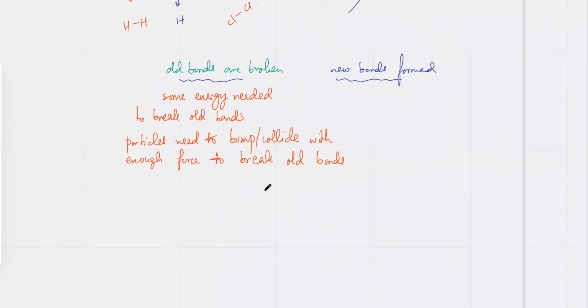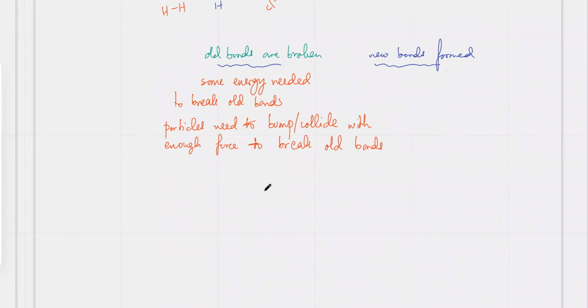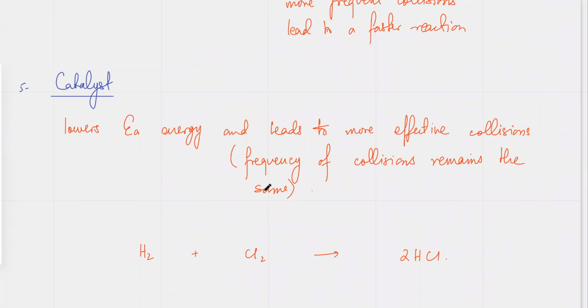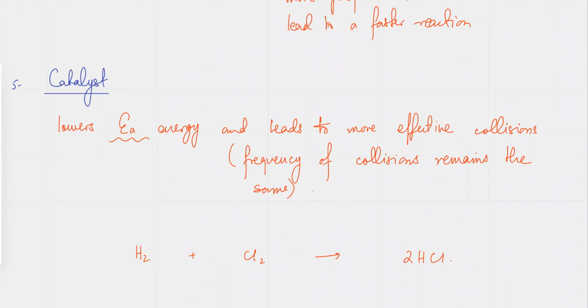So that's known as your activation energy. And this is what we are talking about here. Activation energy, EA, is the minimum energy needed to start a reaction. If you strike a match and try to light it up, you have to strike the two things with sufficient force.